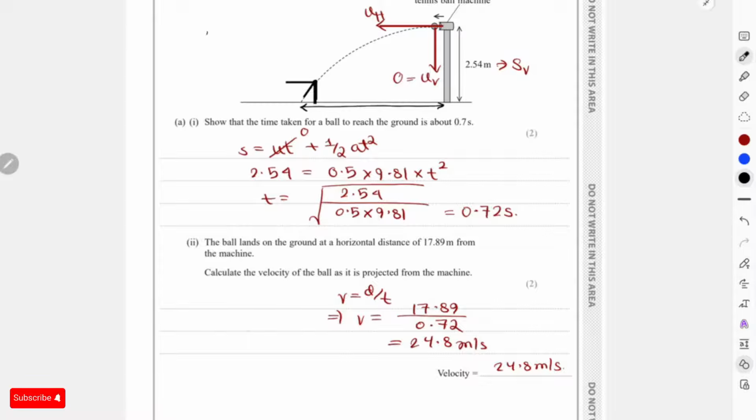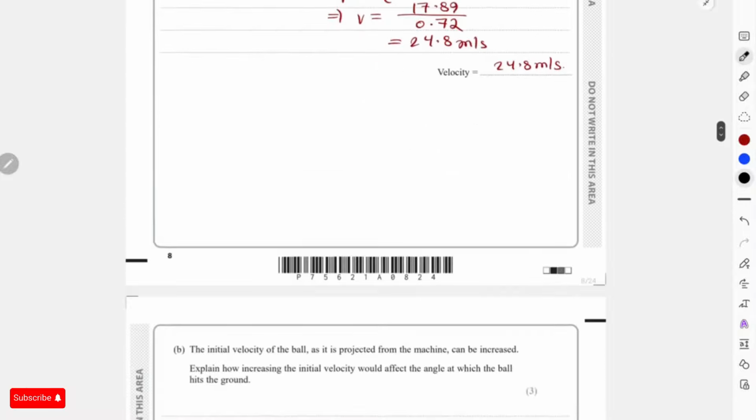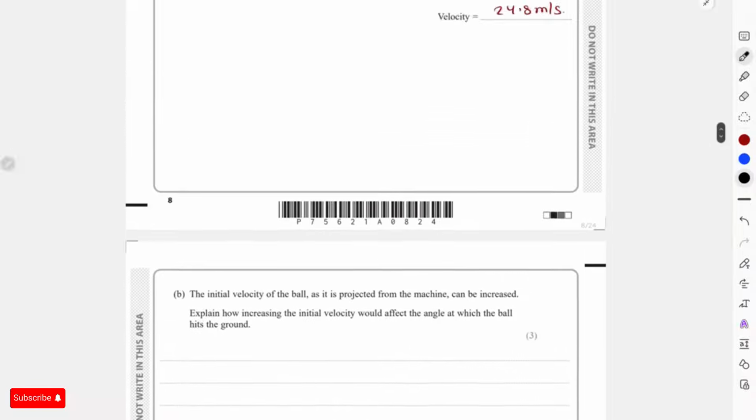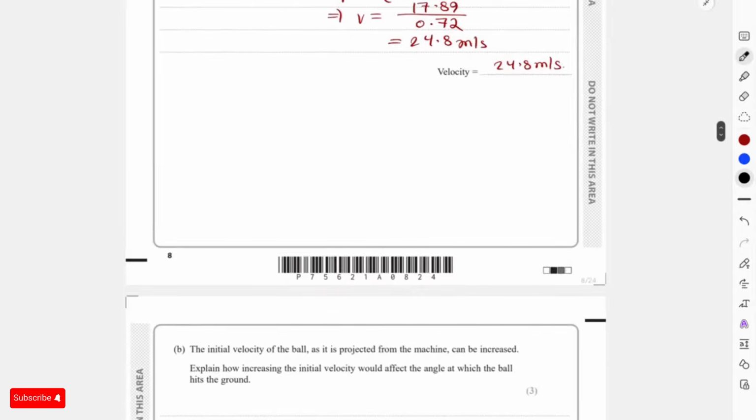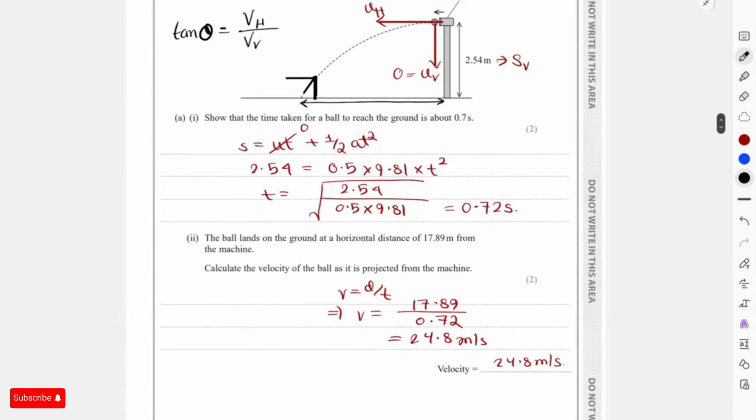Now in this case, the angle can be calculated using tan theta, v horizontal over v, right? So if you're increasing the value of your initial velocity, in that case, theta must increase, right?